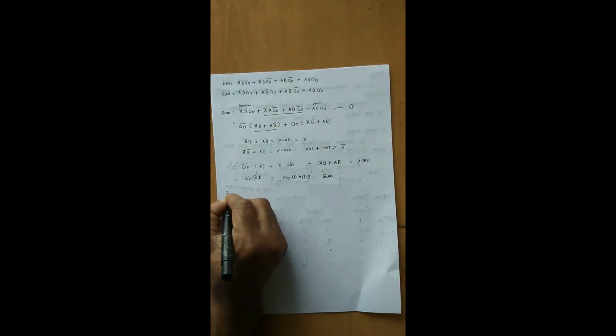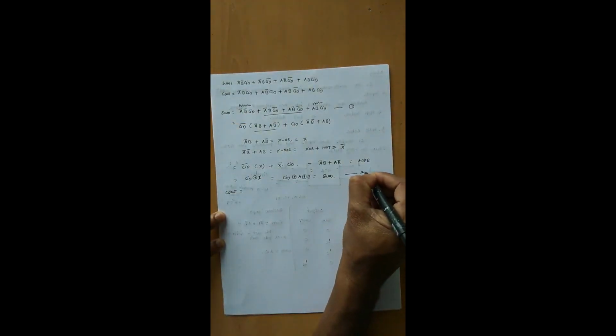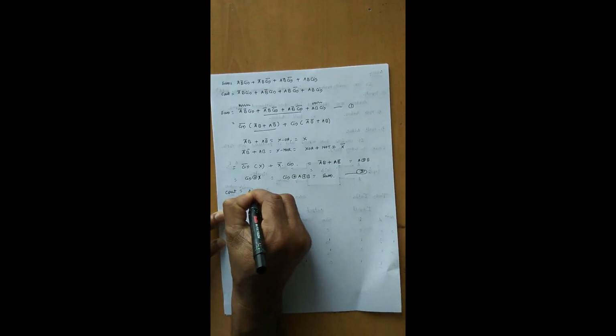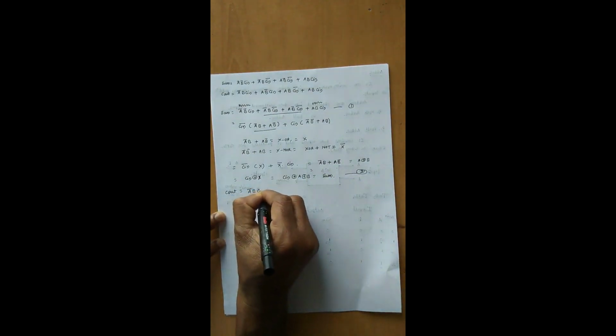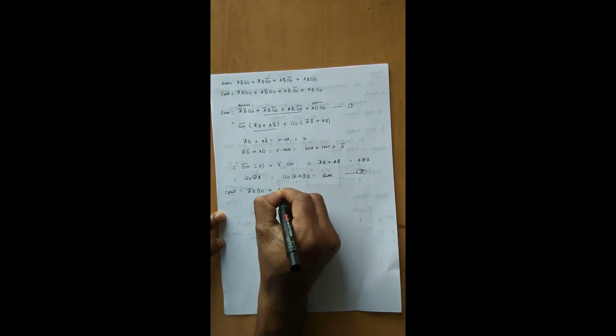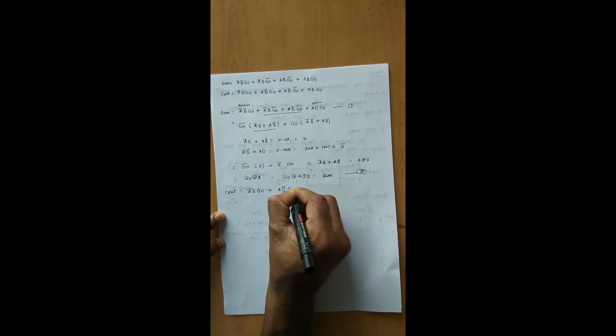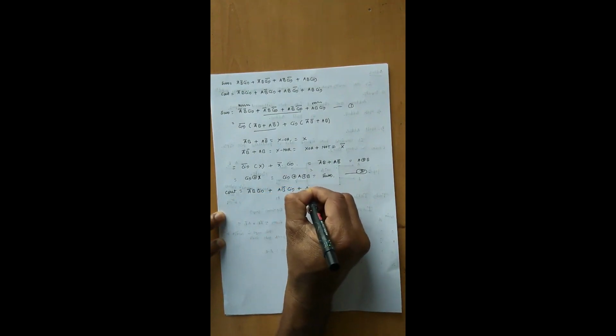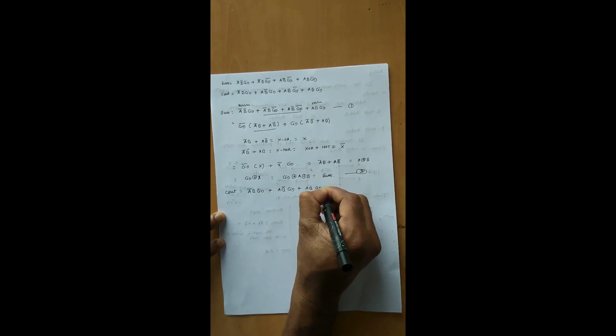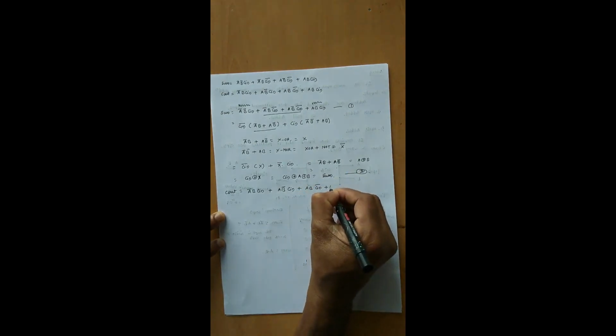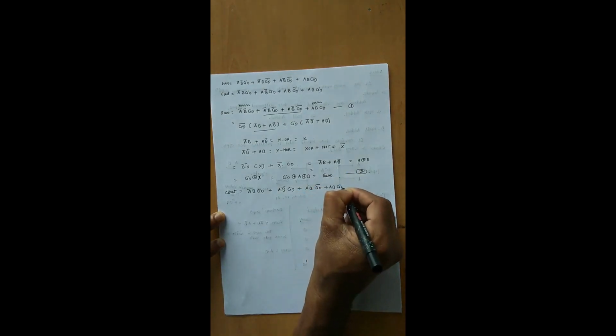In a similar way, to find out the equation for the C out, write out the equation as it is: A bar B into C in plus A B bar into C in plus A B C in bar plus A B into C in.